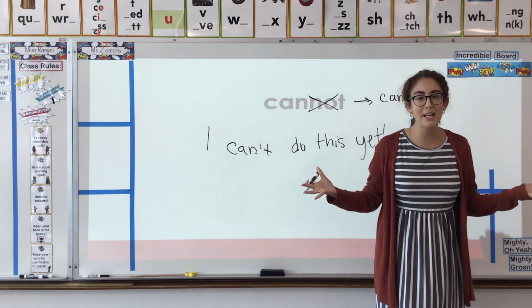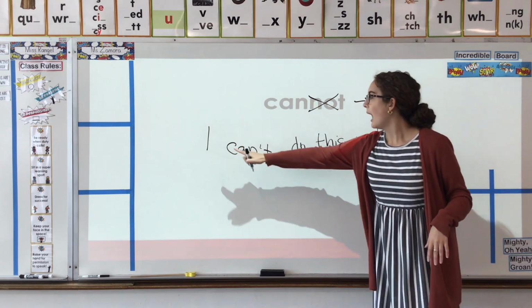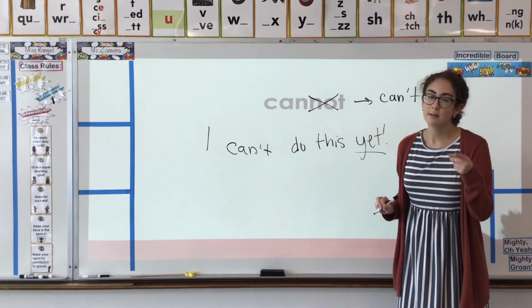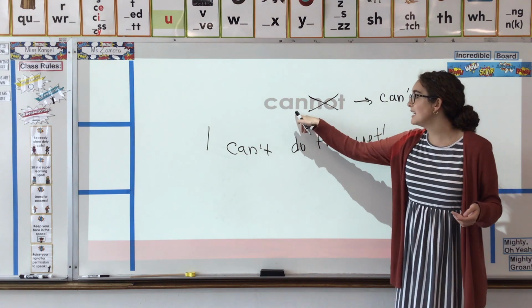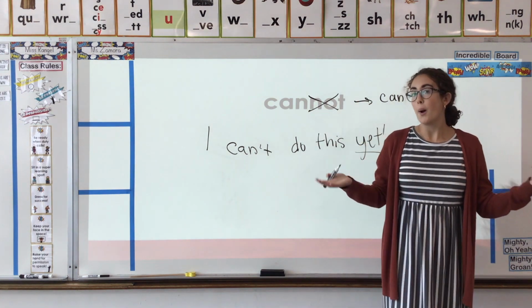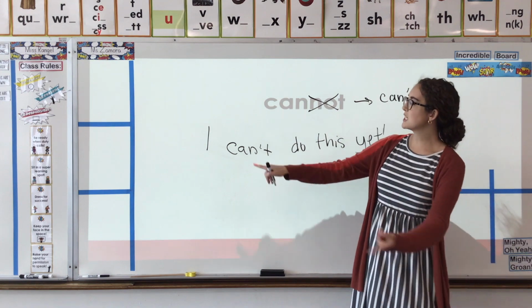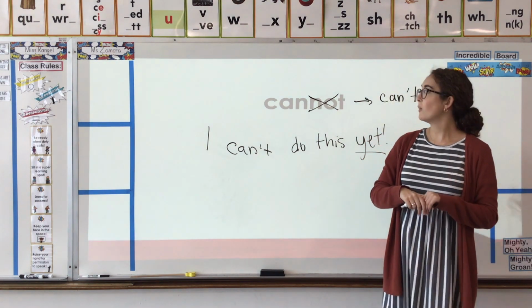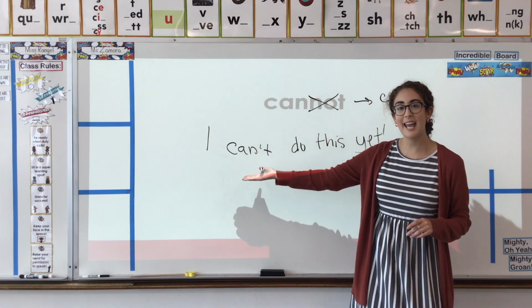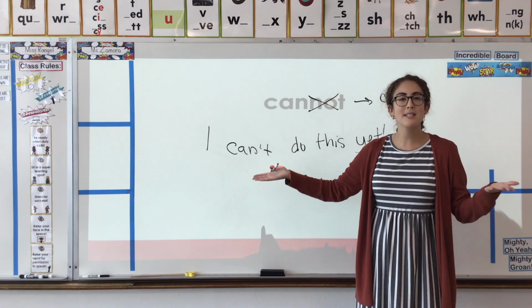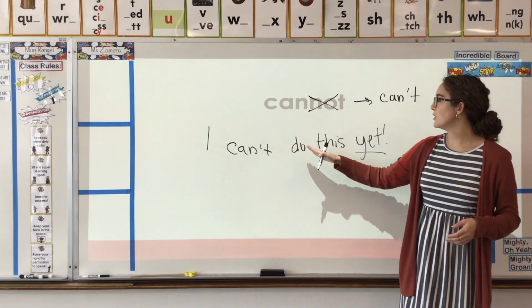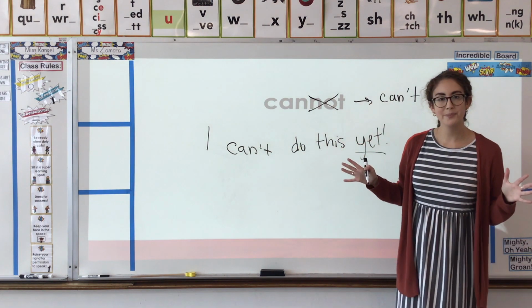That's something we say to ourselves for our superpower. I can't do this yet. But we can also say, I cannot do this yet. Both of those are correct. We're just practicing using our contraction way of writing. So I turned cannot into can't and made up my own sentence to show I could use it as I'm writing. I cannot do this yet.